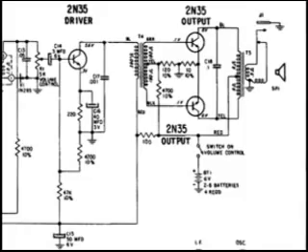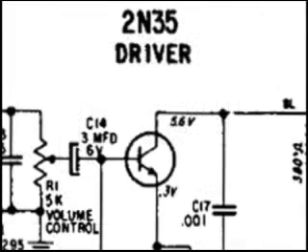Now if we take a look at the driver circuit, it doesn't show a value for the bias. That 6 volts is the working voltage of the capacitor. That's the signal capacitor that transfers the signal we want to amplify to the base.